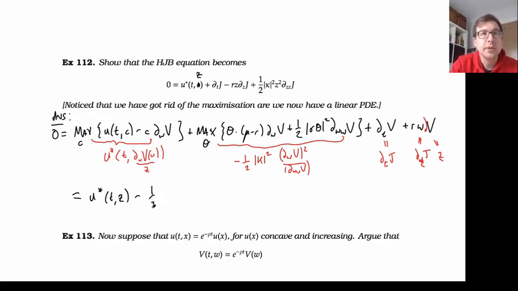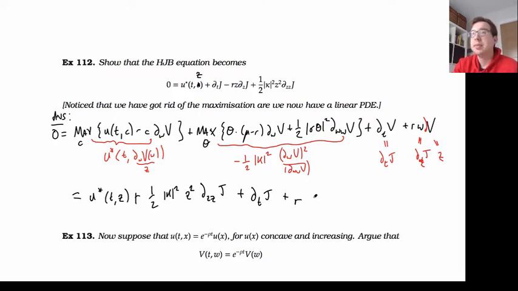This change of variables is going to give me a z squared from that term, the second order partial derivative of j from this term with the minus sign applied. For this term, I'm going to get a plus partial derivative with respect to t of j, and for this term I'm going to get r. I probably made a sign mistake here, so let me put minus signs right here.